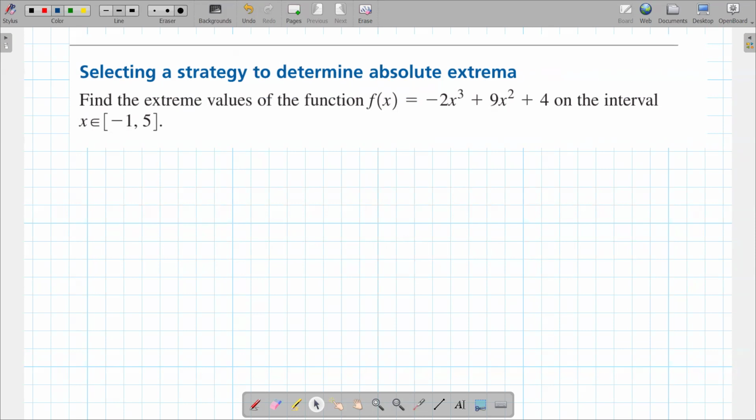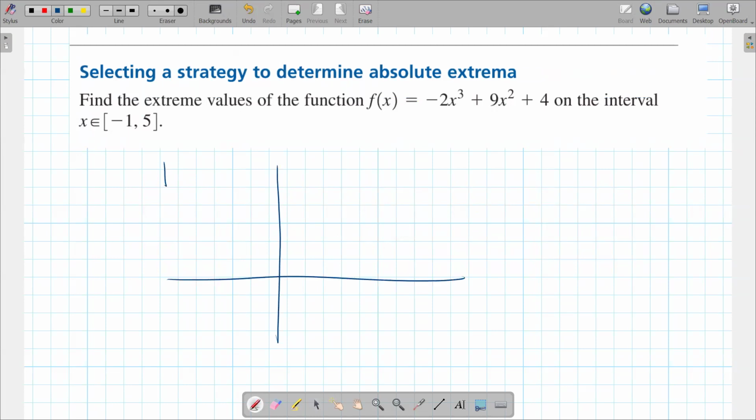Or what? Is it a polynomial? Yes, it's a polynomial. So polynomials are usually easier to deal with than any other type of function. It's a cubic polynomial. The only thing we do know is the y-intercept.